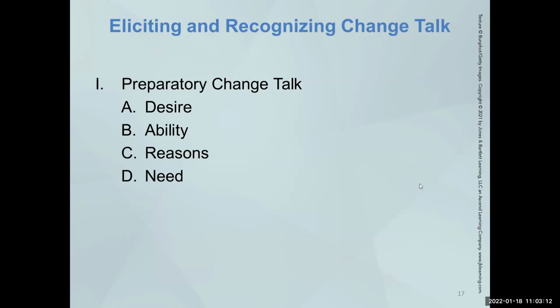So, eliciting and recognizing change talk. What is their desire? Do they have the ability? Wish I could, but shoulda, woulda, coulda. I have some ideas that might be able to help. They don't have the time. They don't have the dexterity.